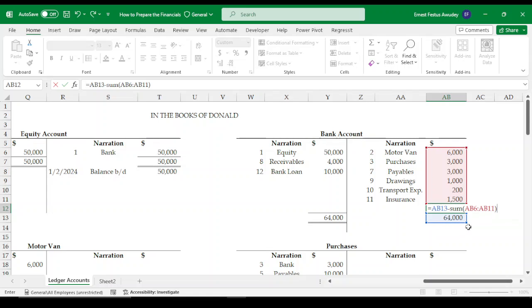So what did I do? I just picked the total. I want to ensure that all the amounts here are equal to 64,000. And since the total calculated here is not up to 64,000, we are making it 64,000 by inserting a particular figure that, when added to the sum of these figures, is going to give you 64,000.